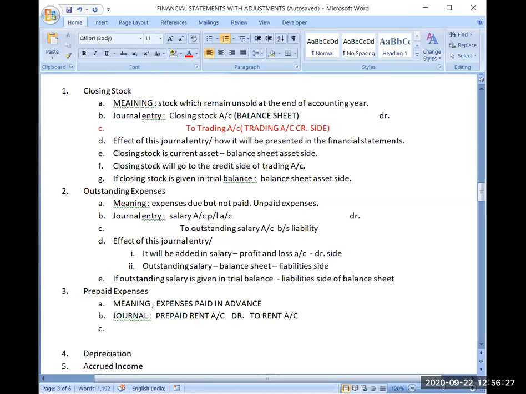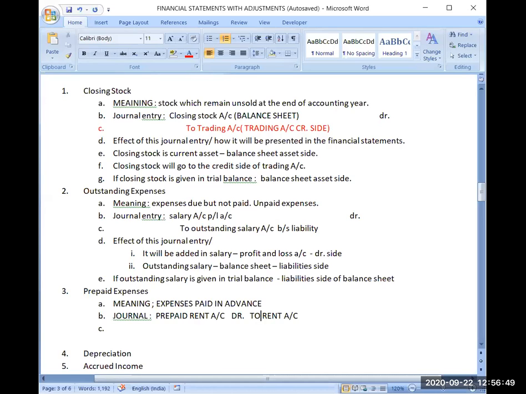And an expense should have which type of balance? Debit balance. But here in this entry, I am crediting the rent account.